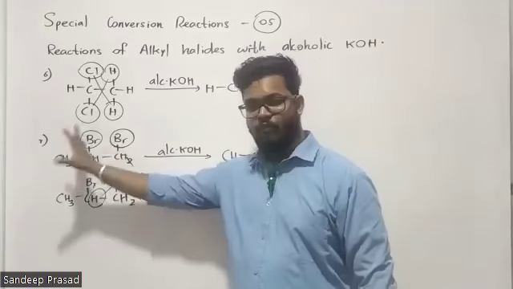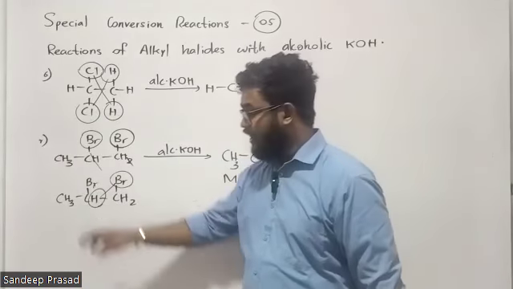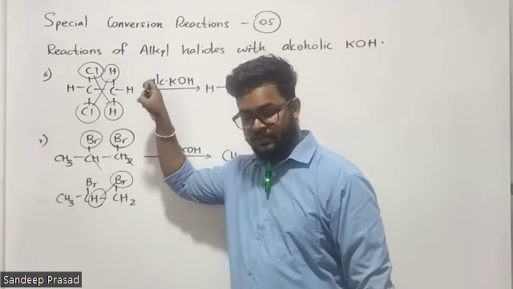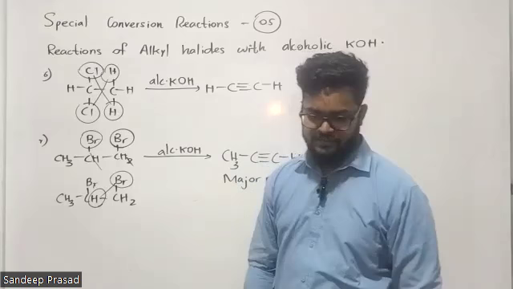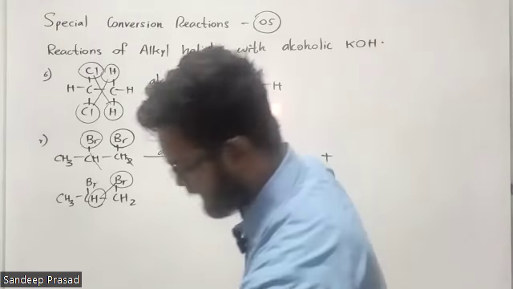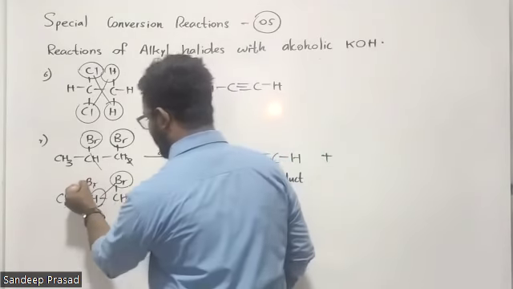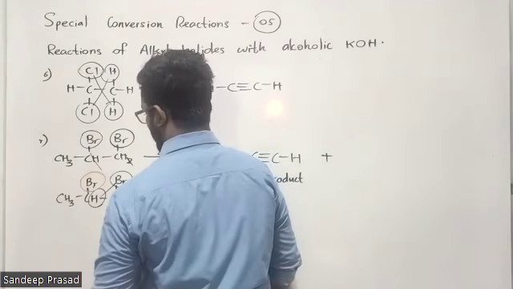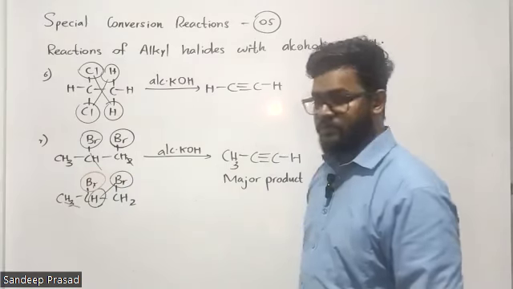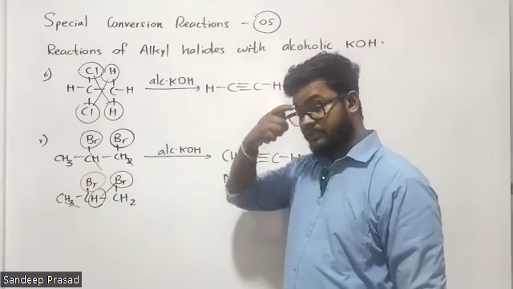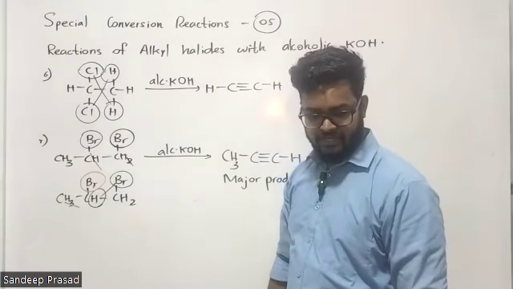What if we violate the Zaitsev? We are going to eliminate hydrogen from the carbon atom which is connected to the richer number of hydrogens. So in that case, this bromine is eliminating with the hydrogen on the carbon atom connected to the greatest number of hydrogen atoms. Can you understand?